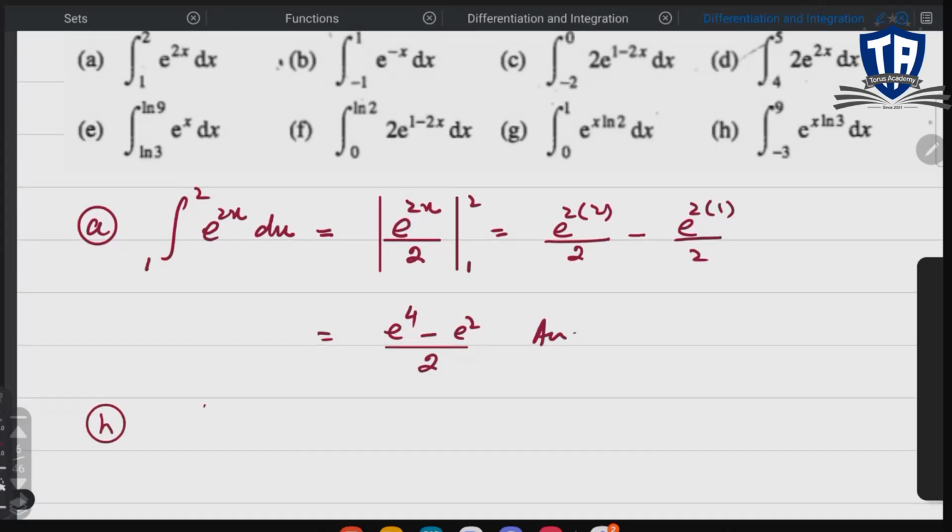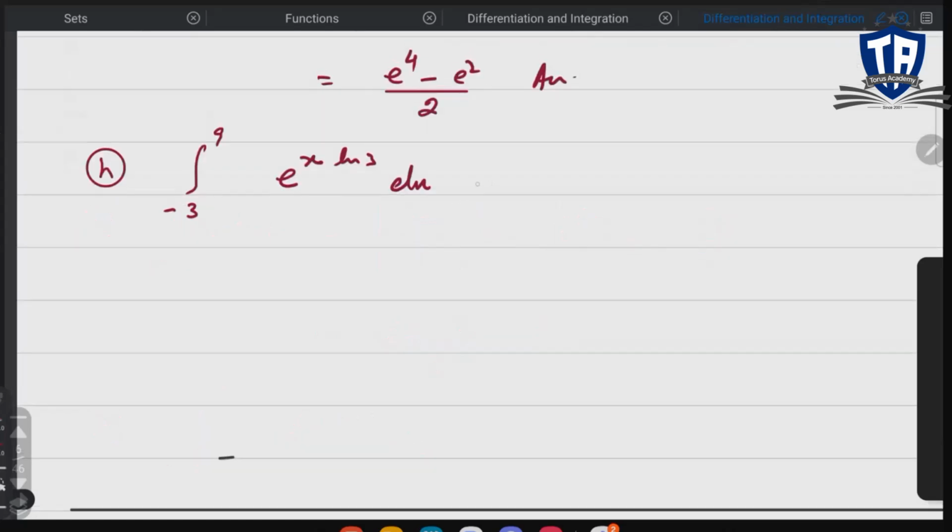Part number H. And here I can see that the lower limit is minus 3, upper limit is 9. Exponential function is e power x log of 3 and dx. The rule of integration is exactly the same. We write the whole exponential function as it is and then we divide it with the derivative of the power. Look at this power.